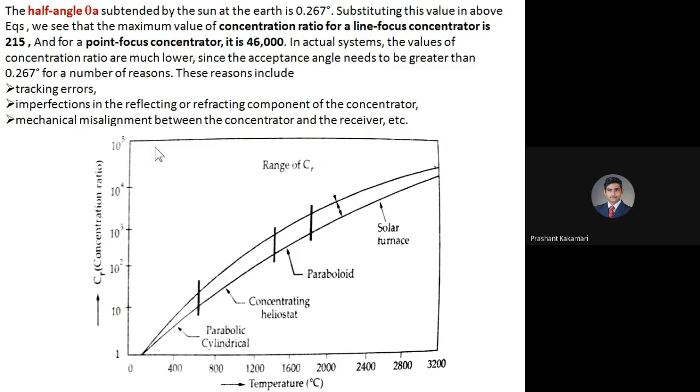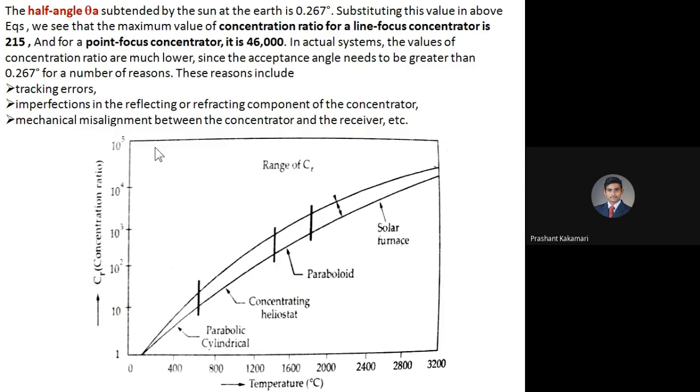The collector will be focusing solar radiation somewhere else, and the absorber plate may not be absorbing all the focused radiation. So that alignment and tracking error should be overcome.